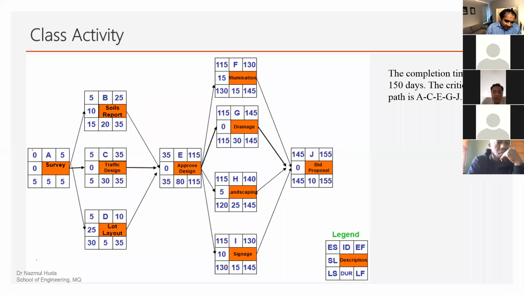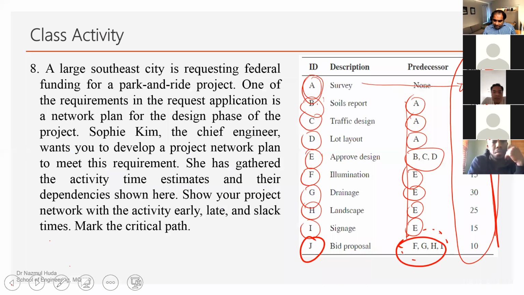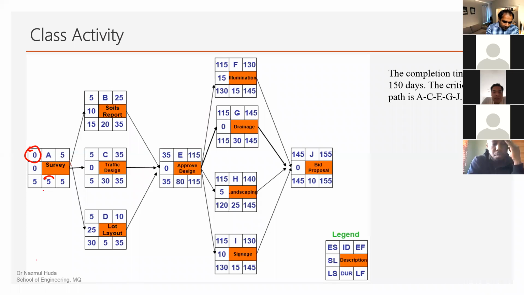So early start for A, if you start from day 0, and we know the duration is 5 days, if you put 5 days here, we know the early finish. So what is the critical path of activity A?